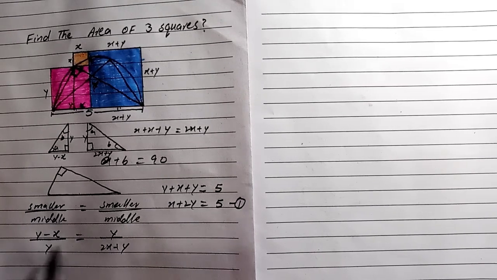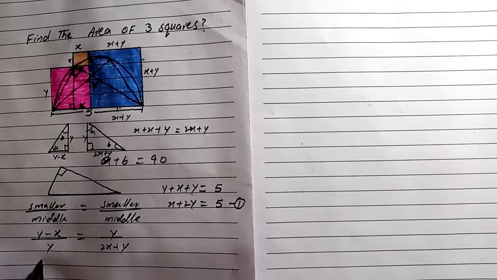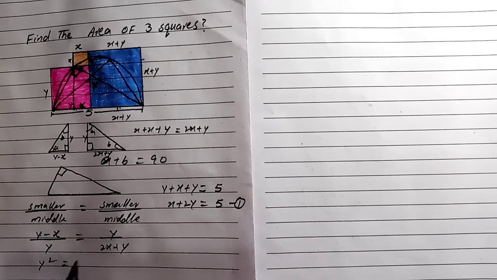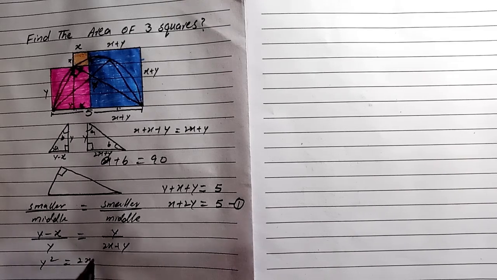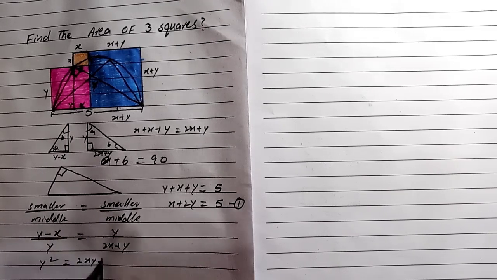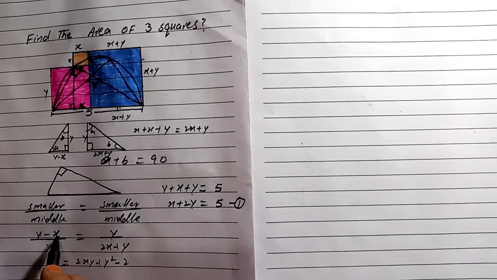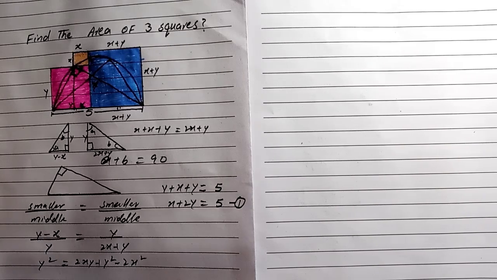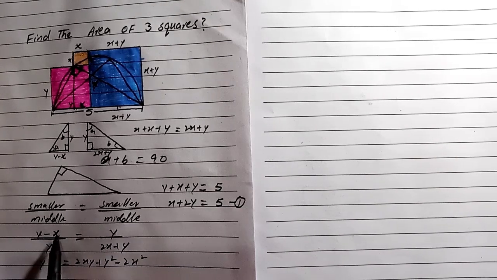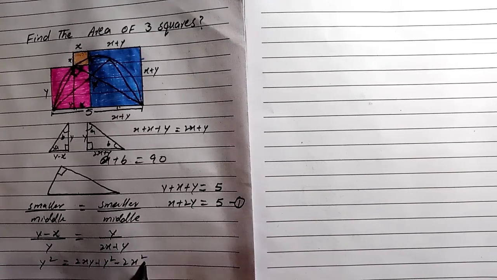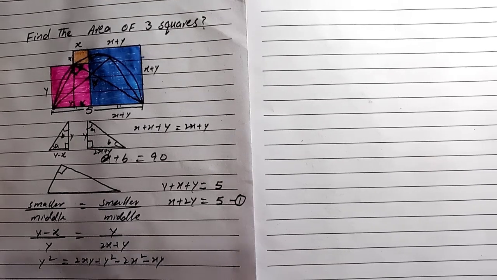If we cross multiply these two terms, we can get y square, which is equal to y multiplied by 2x, which gives 2xy, and y multiplied by y gives y square, minus 2 multiplied by x gives 2x square, and multiplied by minus x plus y gives minus xy.